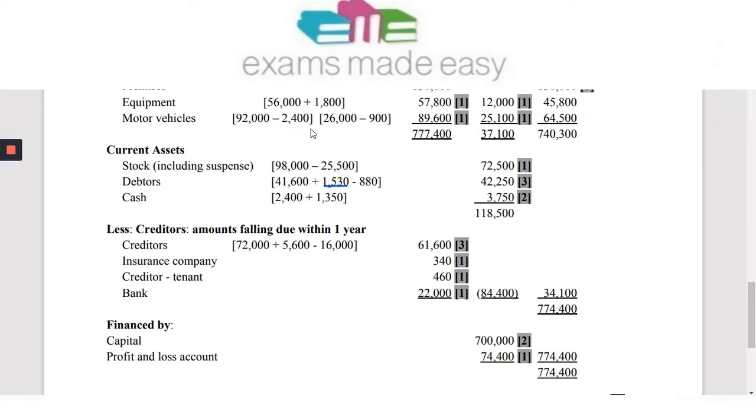You had delivery vans of minus 2,400. You had depreciation minus 900. And you had cash plus 1,350. A lot of information in that note, a lot of marks going for that note.